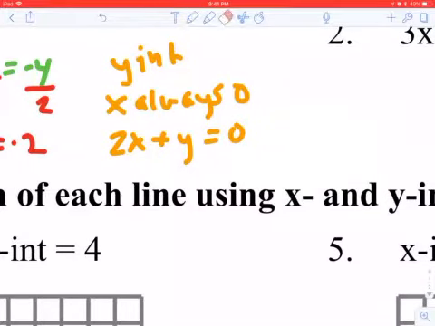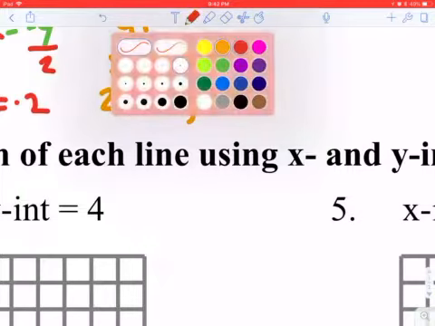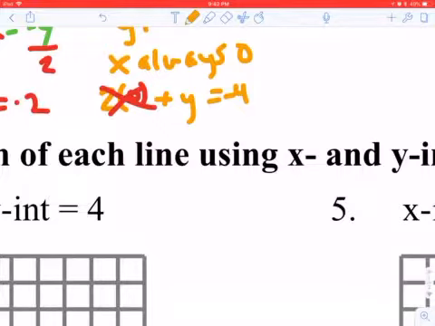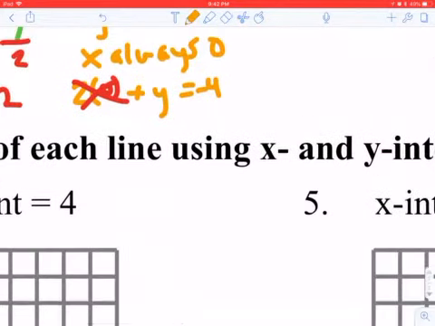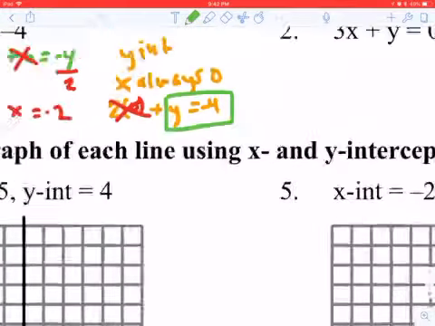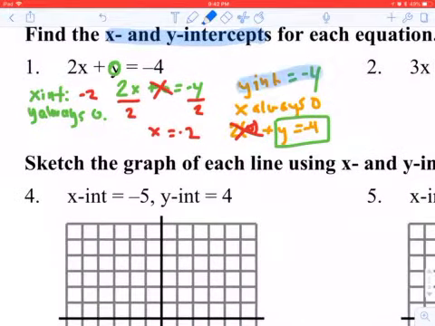Instead of this x, I'm going to erase that and write 0 in there. So I have 2 times 0 plus y is equal to -4. Again, 2 times 0 is 0, so we're not even going to use that. That's what's so great about these intercepts, they always just go away. So I have y is equal to -4, and that is your y-intercept. So here you have your x and your y-intercept.